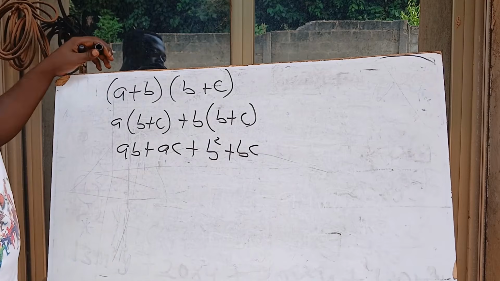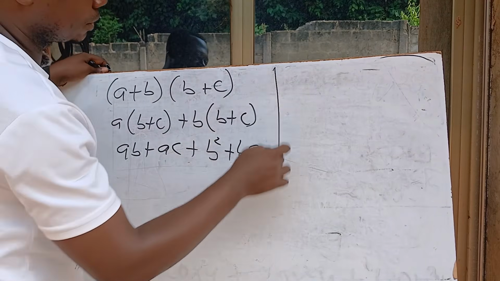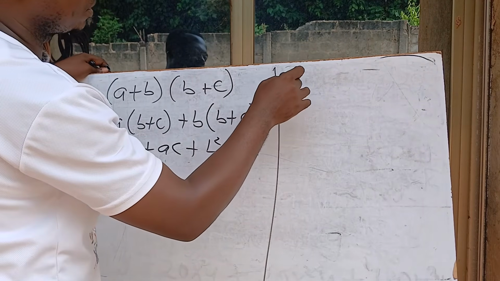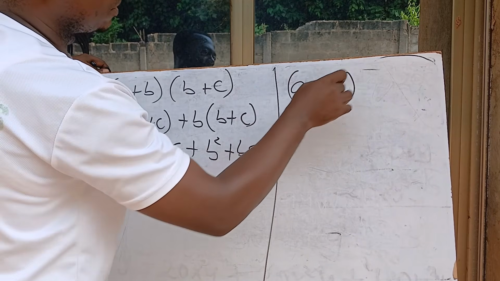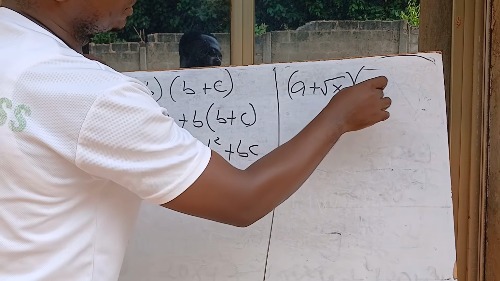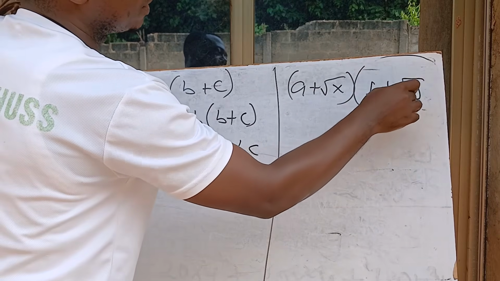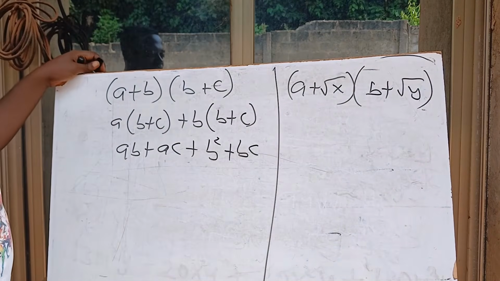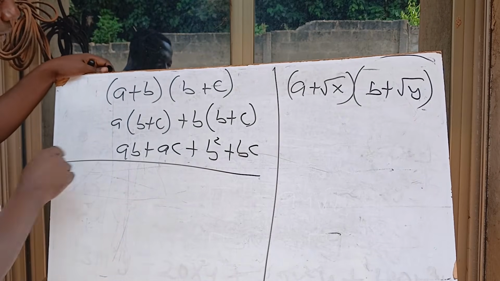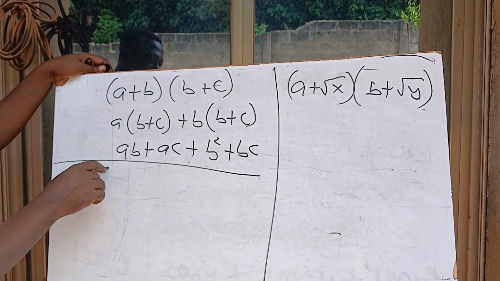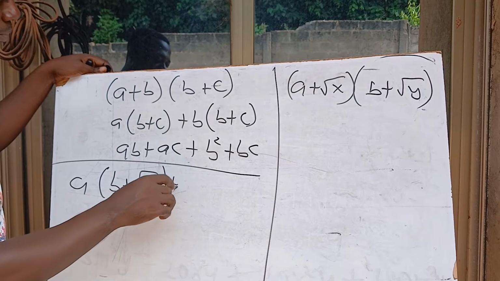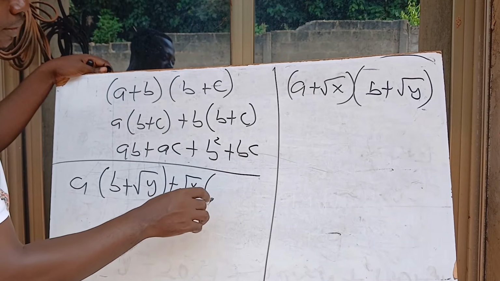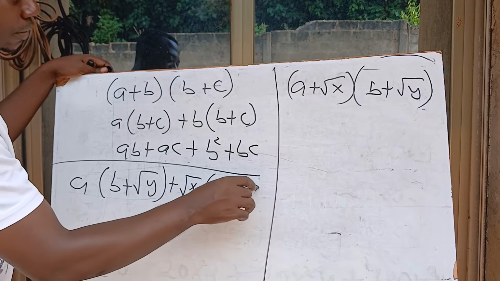Okay, so we can apply this one here when we have a plus square root of x times b plus square root of y. Okay, so this one, it will be a taking b plus square root of y, then plus square root of x taking b plus square root of y.